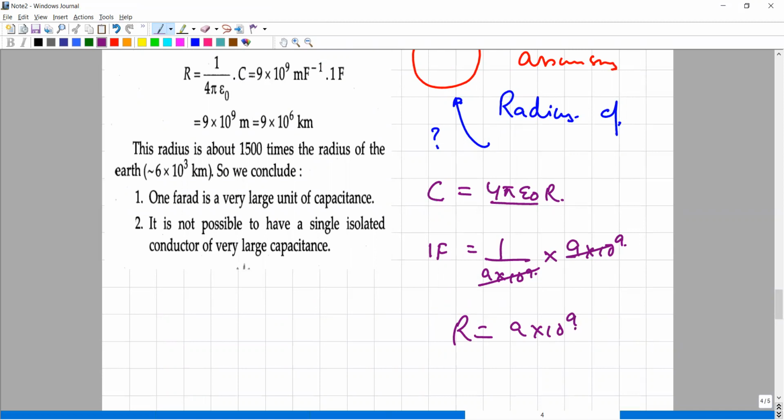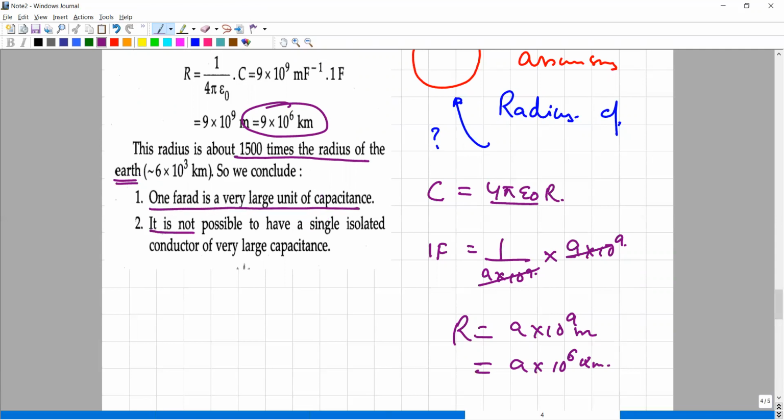This value should be in meters, and I can convert it and say this is 9 into 10 raised to 6 kilometers. Now this is a very, very large radius. It is about 1500 times the radius of the earth. So 1 farad is a very large unit. It is not possible to have a single isolated conductor of very large capacitance.